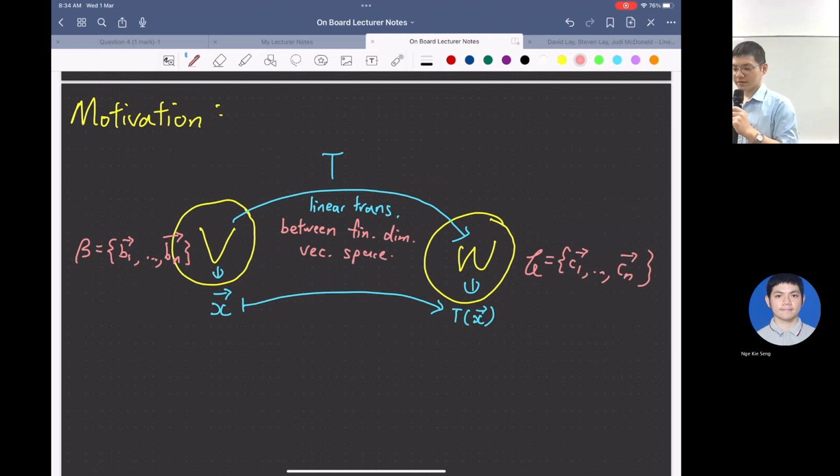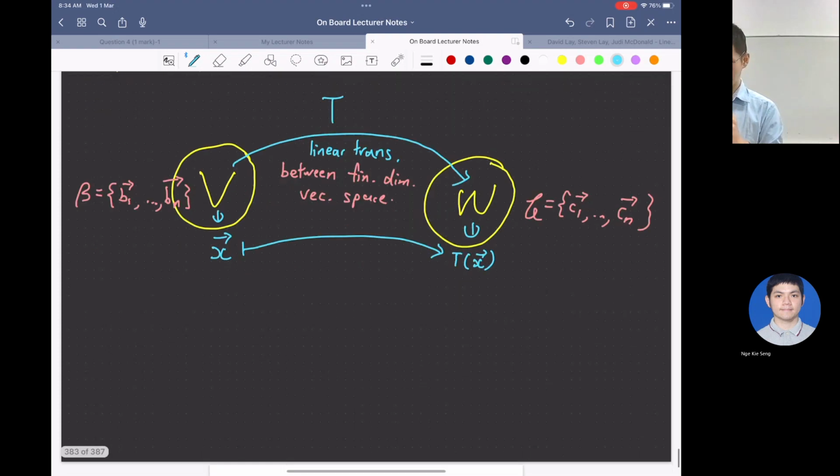So what we can do, we learned that a finite dimensional vector space is isomorphic to what? Remember? We can take the coordinate vector.